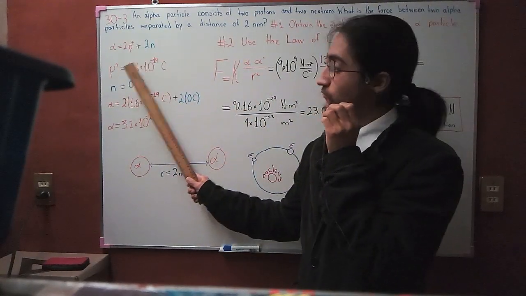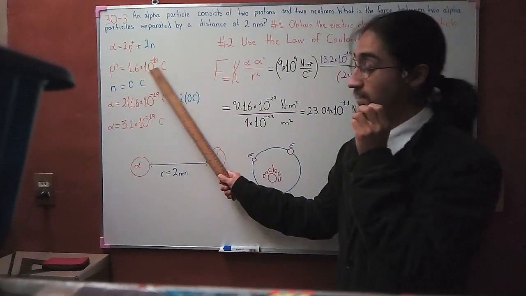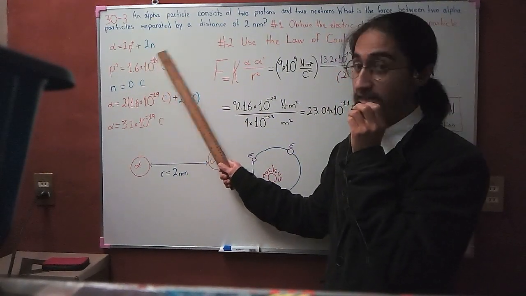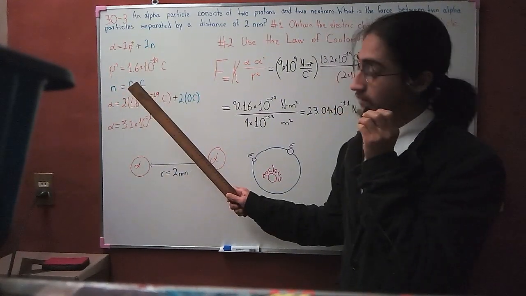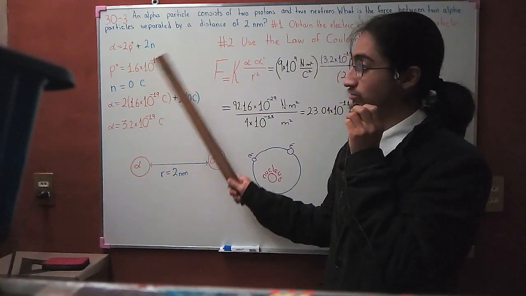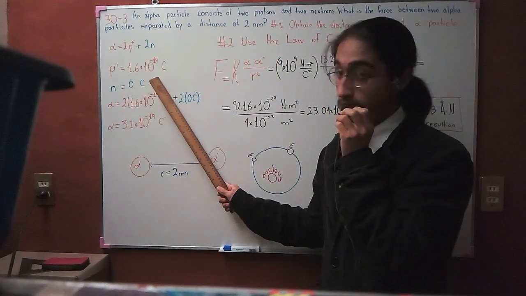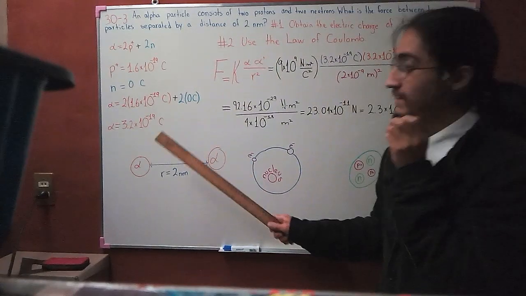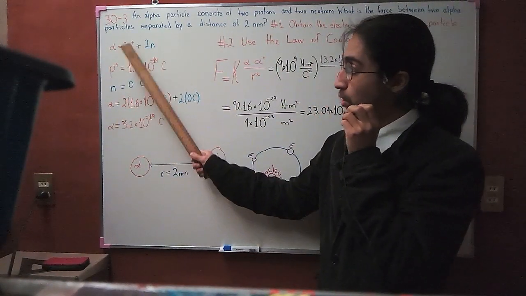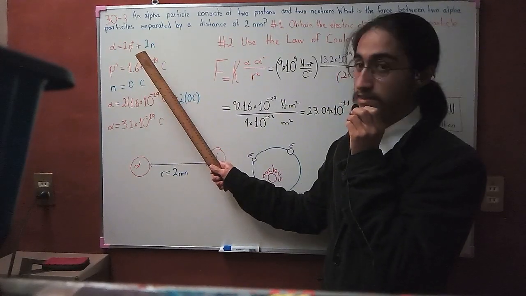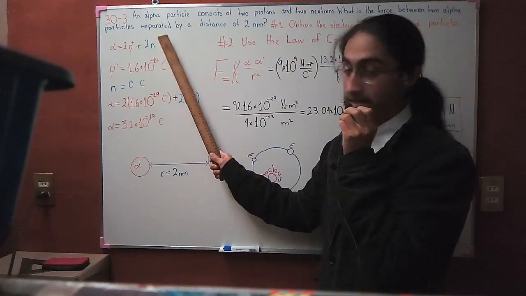The charge of one proton is 1.6 times 10 raised to the power of negative 19 coulomb. The neutron is neutral. It has no electric charge, so it is equal to 0 coulomb. So the alpha particle charge is equal to 2 times the proton plus 2 times the neutron.